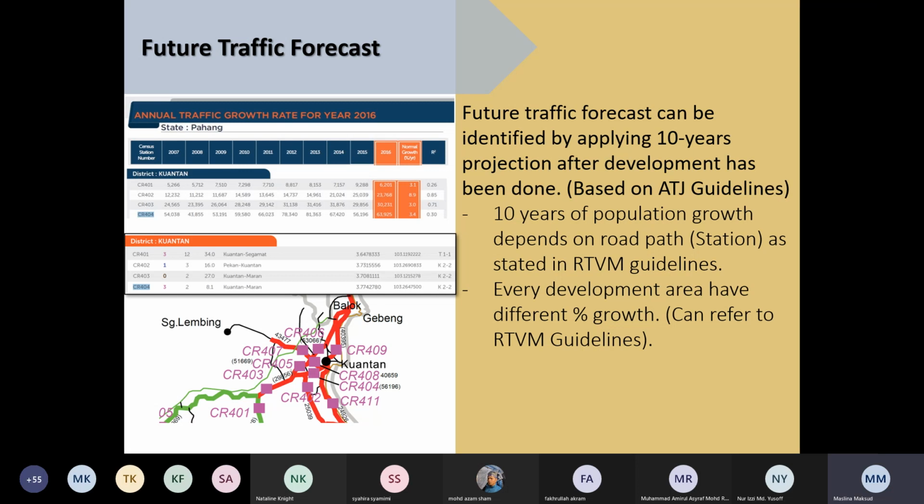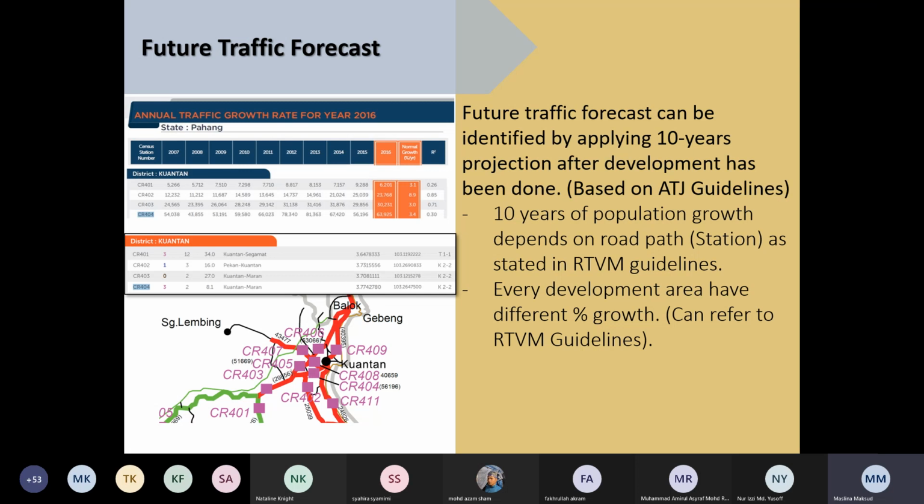In this Bandar Kuantan, you can see the roads that can be accessed to go to our development. For this proposed development, we use the Kuantan-Maran Road. This Kuantan-Maran Road is actually at station CR404. So we need to refer to the station in this RTBM guidelines.